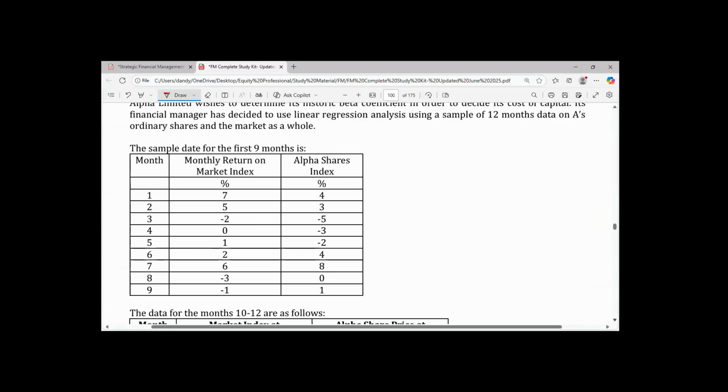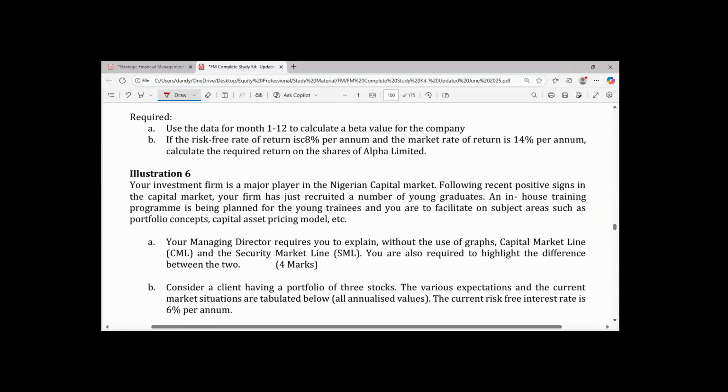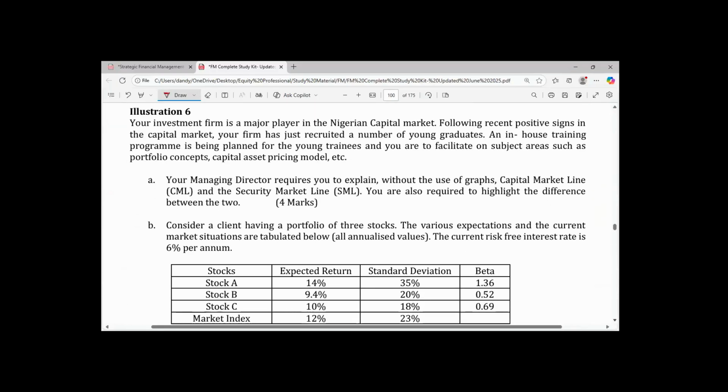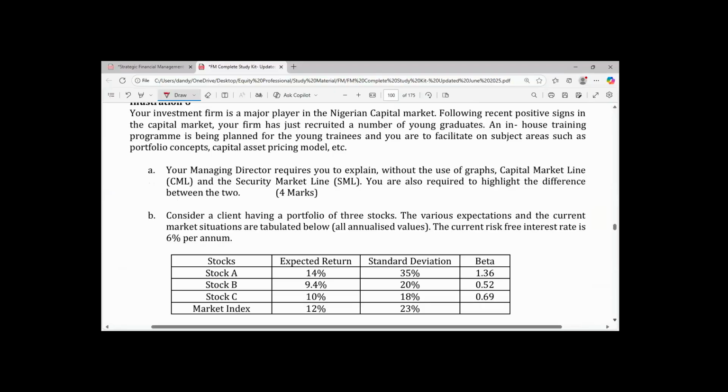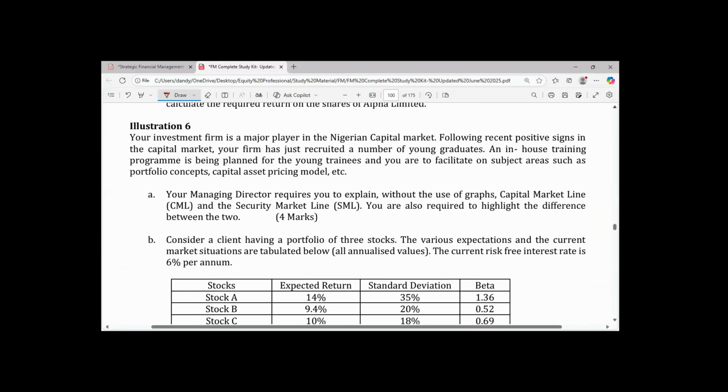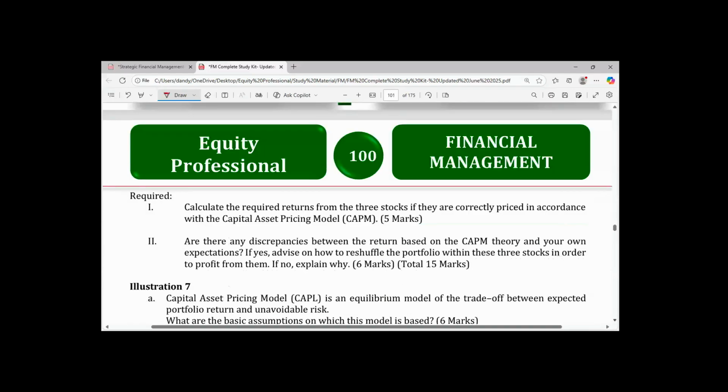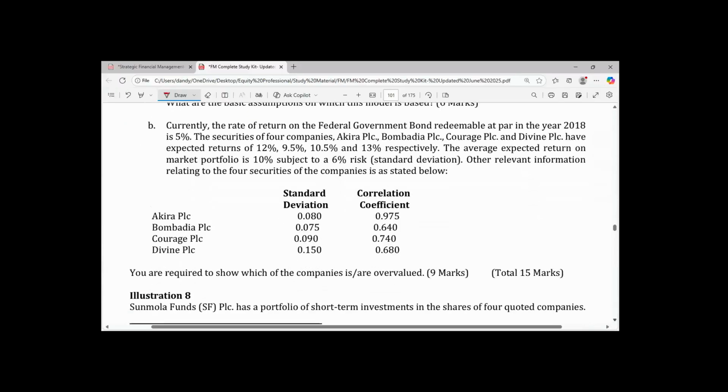Let's see. Let me see the question we're going to. Let's start with, let me see, which one is this one? Not this one. Let's start with this one.